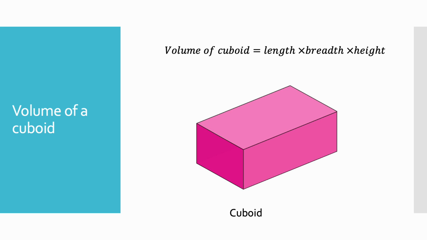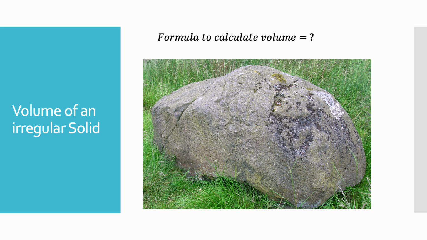To find the volume of this cuboid, we will use the formula volume equal to length multiplied by breadth multiplied by height. So just multiply all three sides and you will get the volume in cubic units like centimeter cube or meter cube. This formula works for many regular objects like books, bricks and shoeboxes.